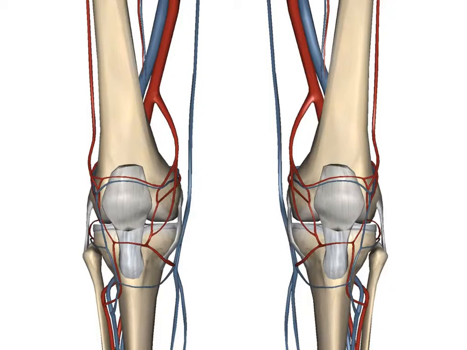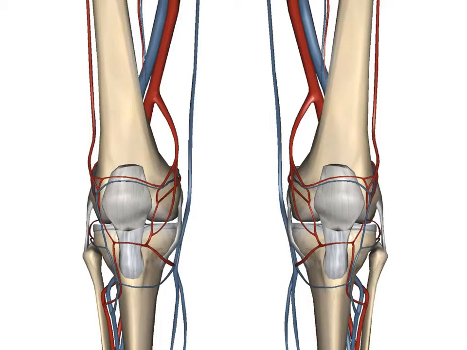The blood supply in and around the knee, particularly the anterior part of the knee, comes from what are known as the anterior recurrent arteries, which form almost a sort of circle of Willis structure, if you like. If those arteries are blocked, the body can bypass it.